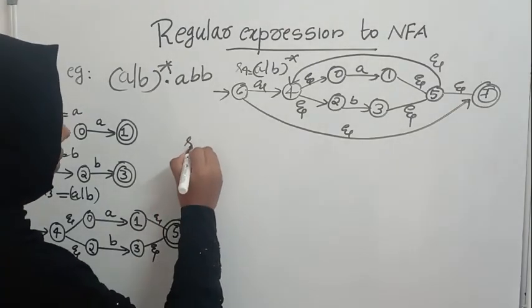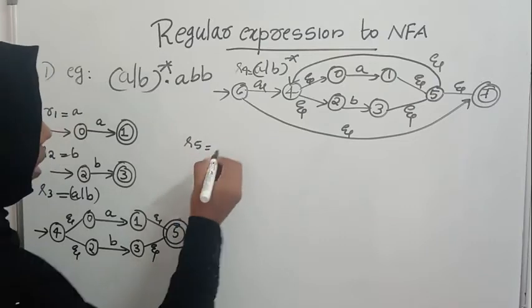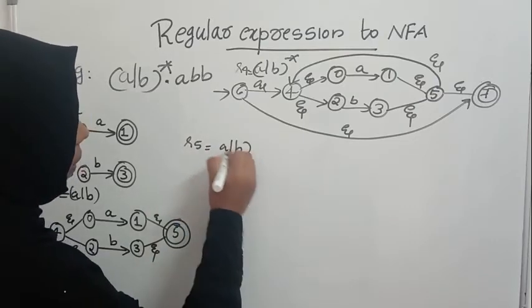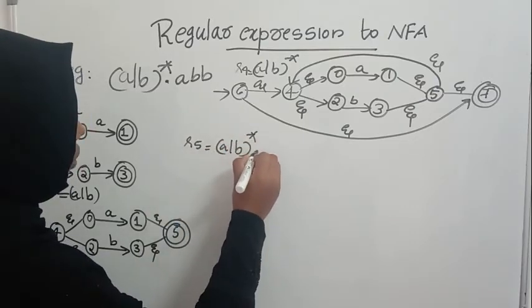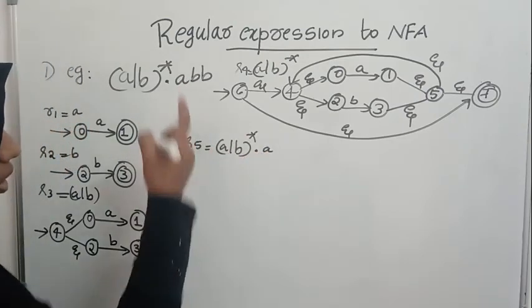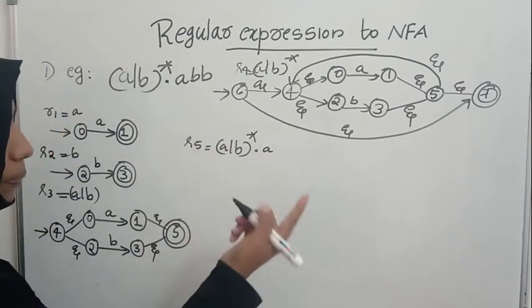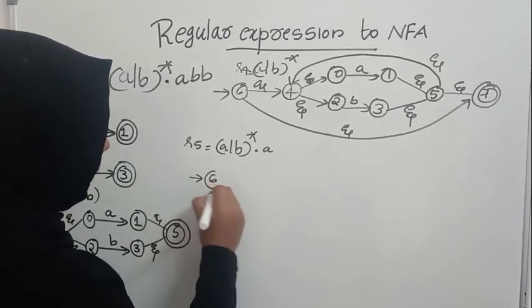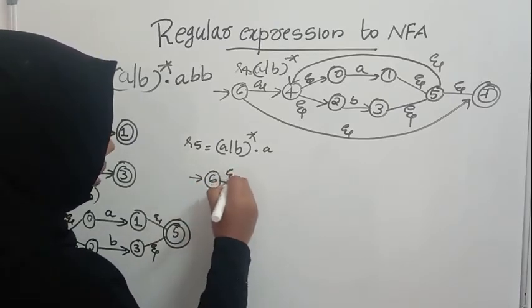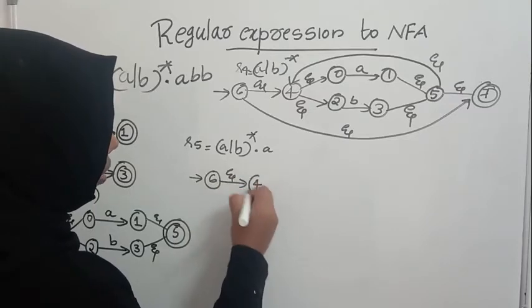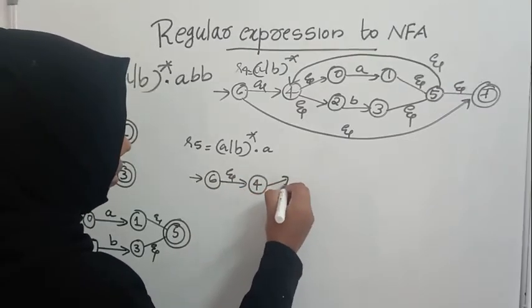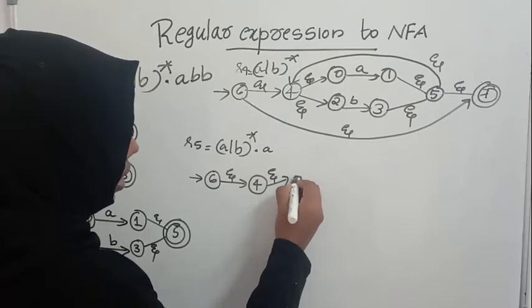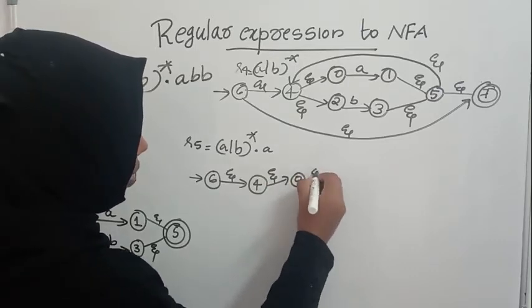Now R5 is (A or B) star, dot A, the first state here. For that you have to simply append the name. So we are simply copying the whole thing. Keep in mind, I repeat, the double circles around the final state won't be put, as we will be including a new final state.